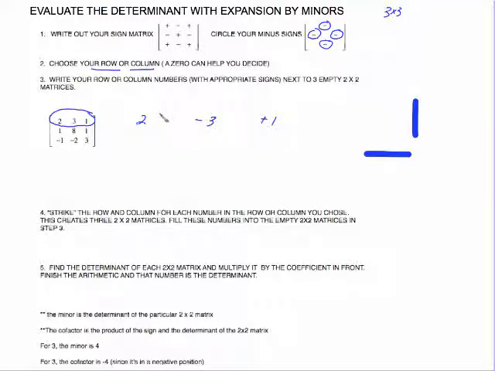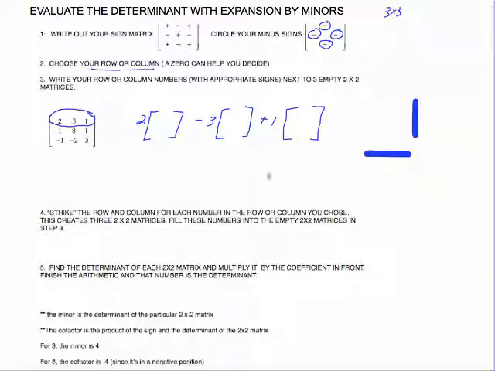Now you want to put next to each of those numbers a little empty 2 by 2 matrix. We're going to fill in those empty 2 by 2 matrices by doing this. It's called strike the row and column for each number in the row or column that we chose.